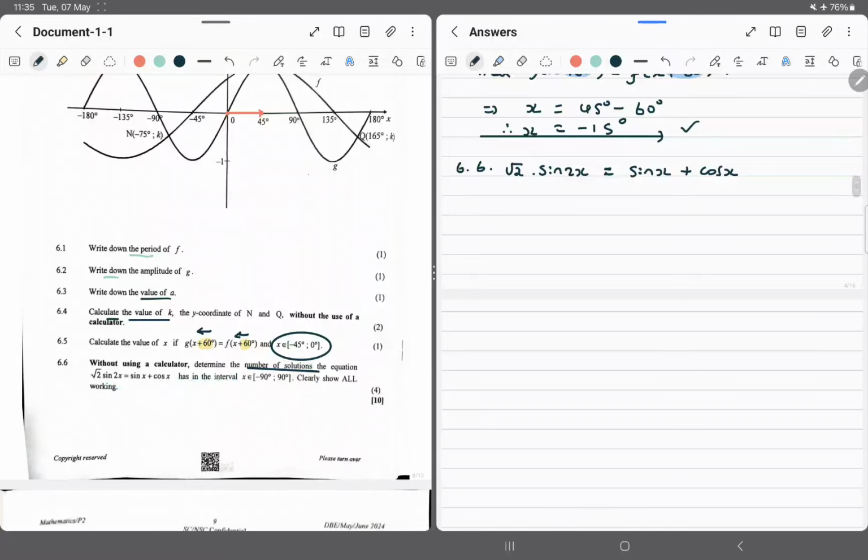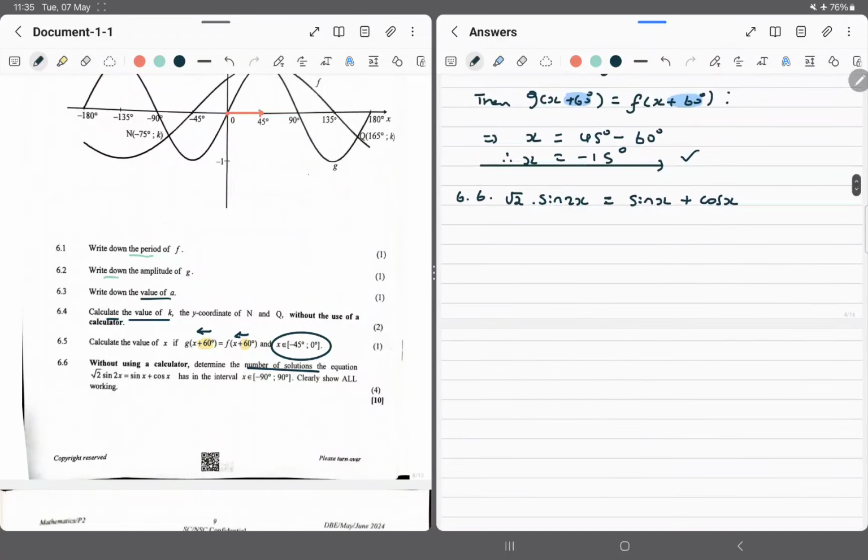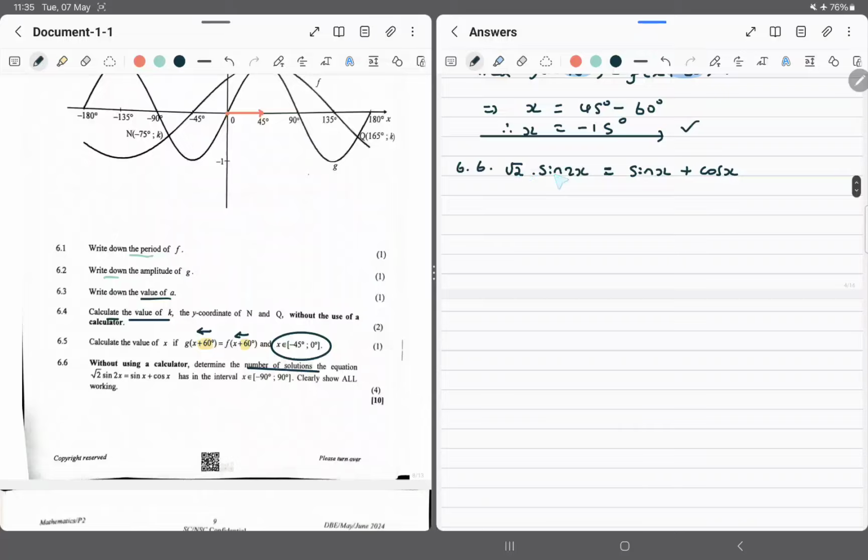So, folks, this is super stuff. You know what I think I should do here? Obviously, this is a root 2, so this is already giving me the vibes of special angles.